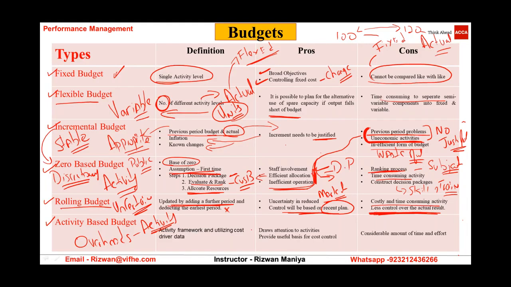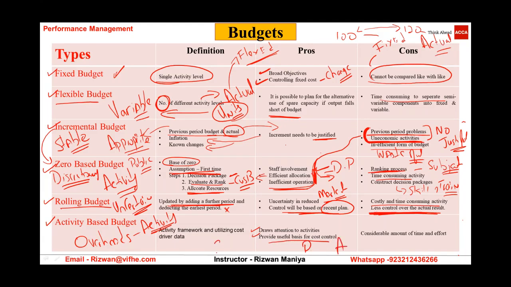So advantages are it draws attention to activities. Obviously, we make budgets for different activities, so the focus is towards those activities, and it helps us to control the cost of those activities, because once you make a budget, we compare budget with actual.